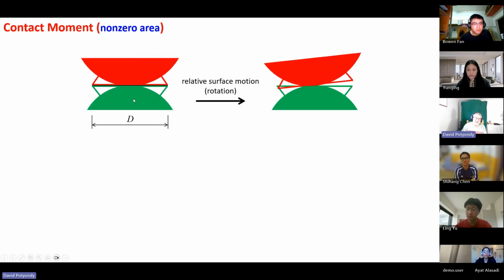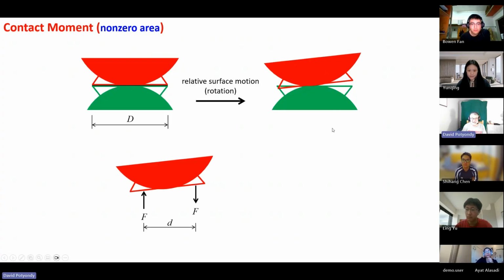And so now, if we take just the top one and you apply a rotation, well, what's going to happen? These guys are going to overlap. This guy's not going to touch. So you're going to build up forces here. And you're going to build up tension here if it's bonded. And so it'll do this. This is the force acting on the red particle.